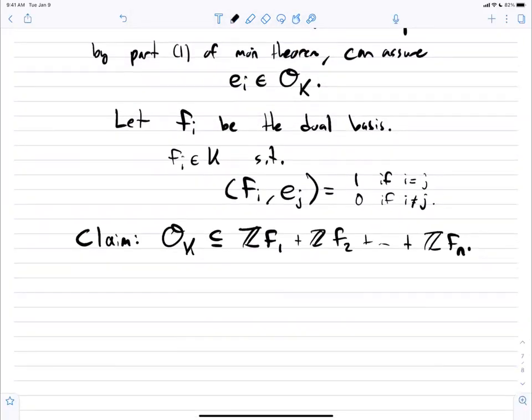For any alpha in K, and this is just the basis, by definition alpha is going to be equal to the sum of the inner product of Ei with alpha times Fi.